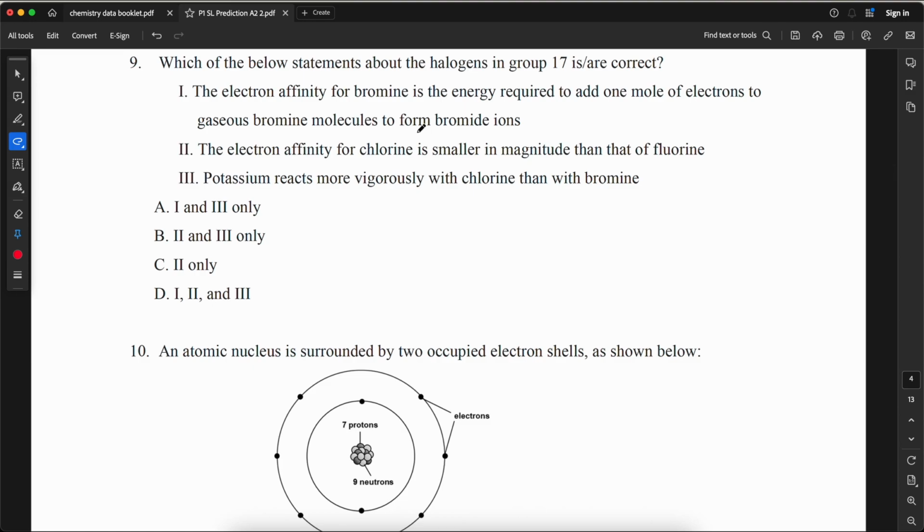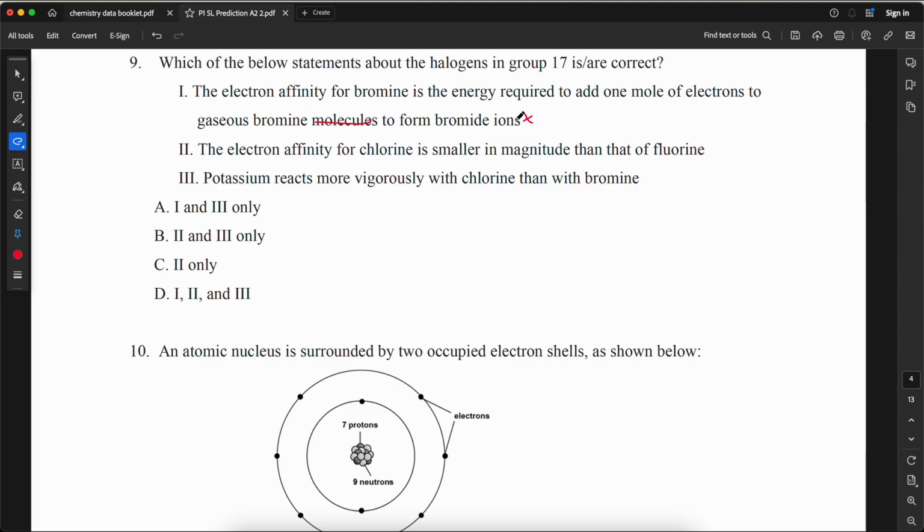Which of the below statements about the halogens in group 17 are correct? The electron affinity for bromine is the energy required to add 1 mole of electrons to gaseous bromine molecules to form bromide ions. The one that is wrong here is molecule. It shouldn't be molecule, but gaseous bromine atom. Okay.